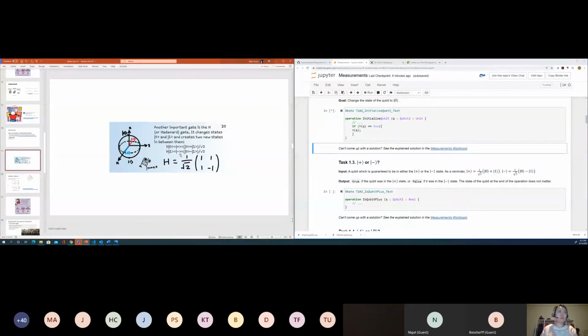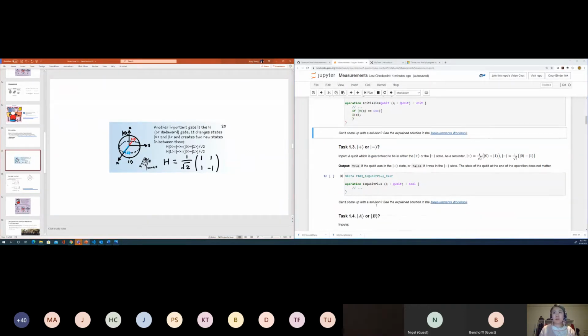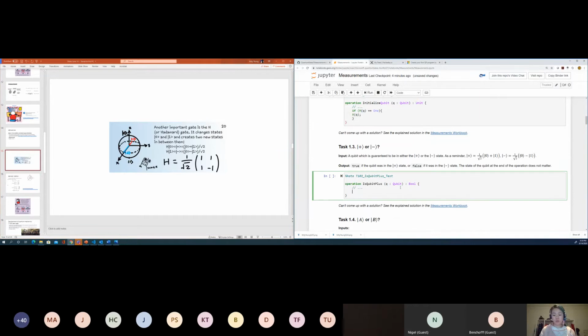And it's reversible. You can apply this H gate to plus and minus, and you would reverse it back to 0 and 1. So then here, what you would do is do an H gate, and then try to measure it.